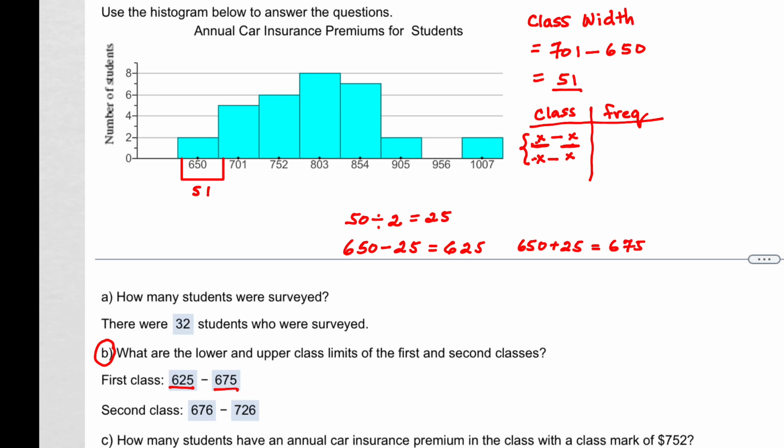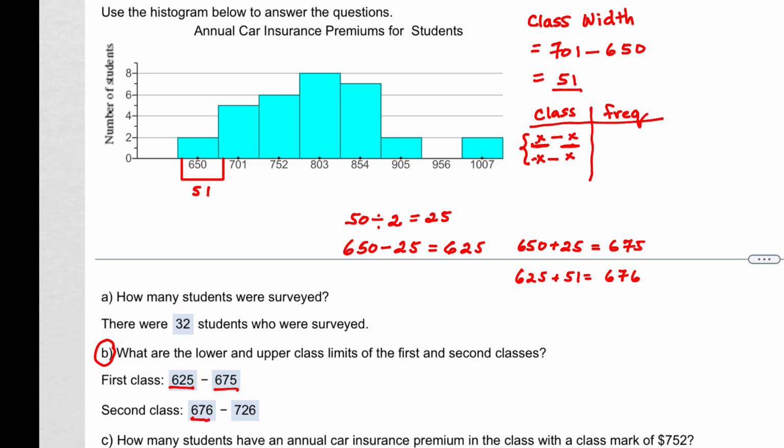So 625 plus 51 is 676. Now what I could have also done would have been easier, just take the 675 and add 1 to it because we know we're going to go up 1 to go to the lower class limit of the next class. So either way that works.